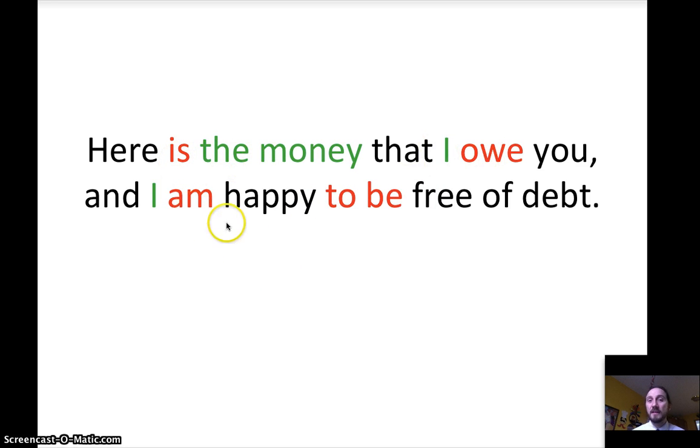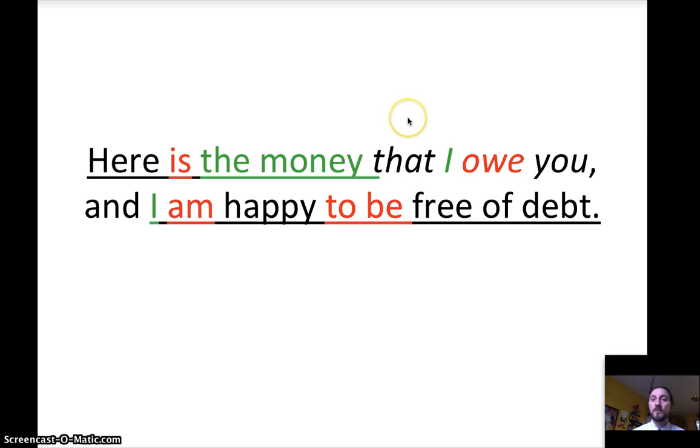I. Who is happy to be free? I am. No baby clause making word here, because this is a fanboy, which connects like things. But that is one of your baby clause making words, and so independent clause, plus independent clause, plus dependent clause, compound complex sentence.